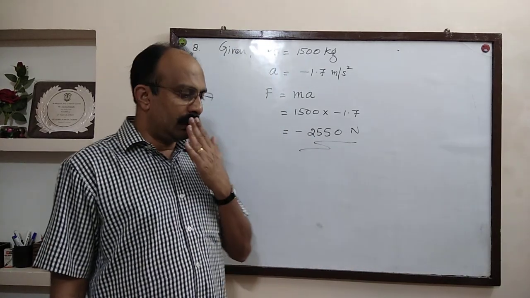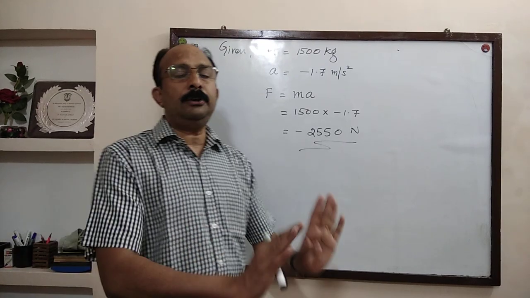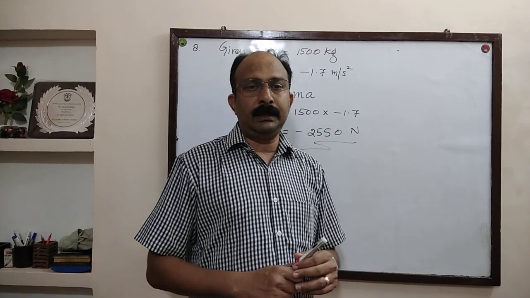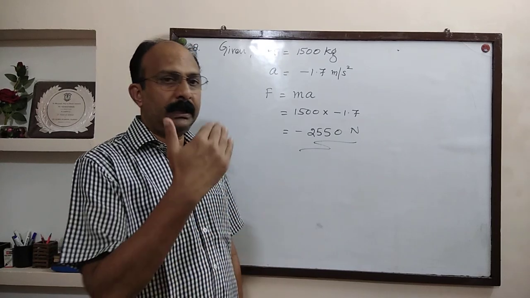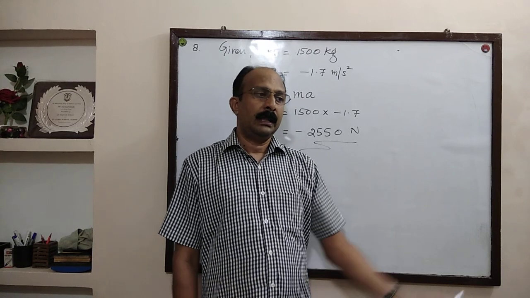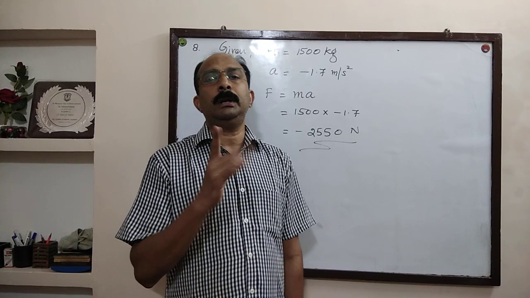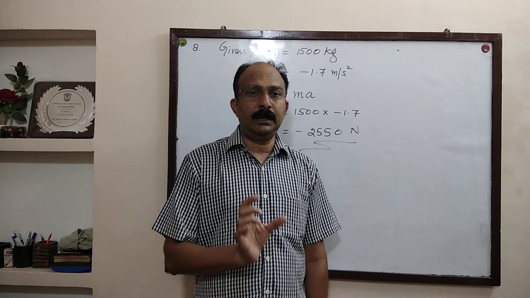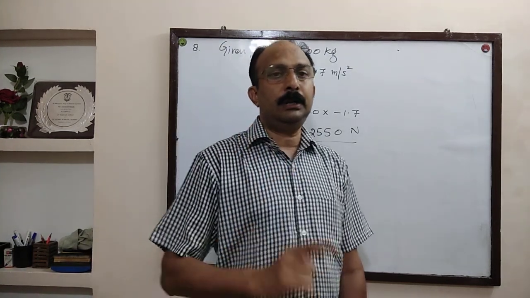So this time it is given that we intend to move the cabinet by applying a force of 200 Newton with a constant velocity. Since the body is moving with a constant velocity, by the application of 200 Newton force, the opposing force by the floor will also be 200 Newton. So by overcoming that force of friction, the body is moving with a constant velocity. So the answer is 200 Newton.